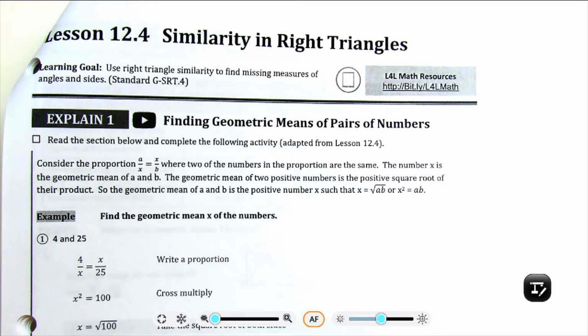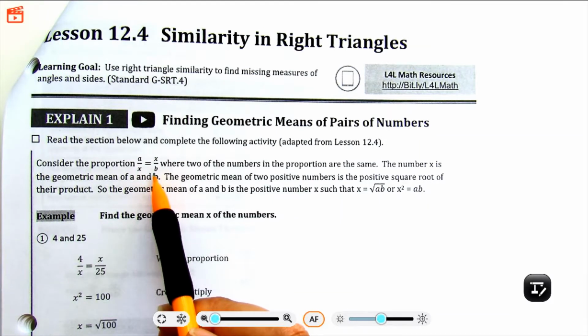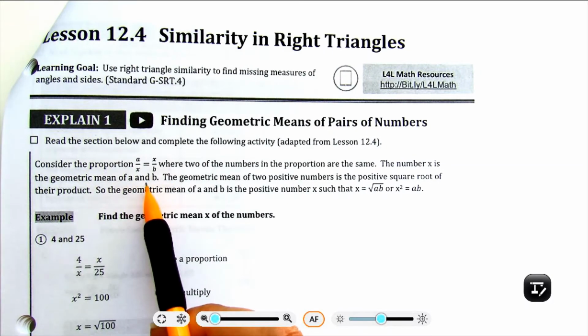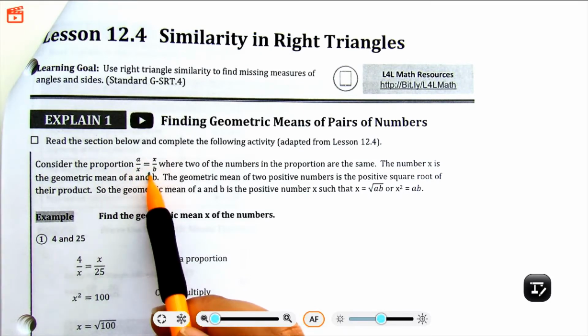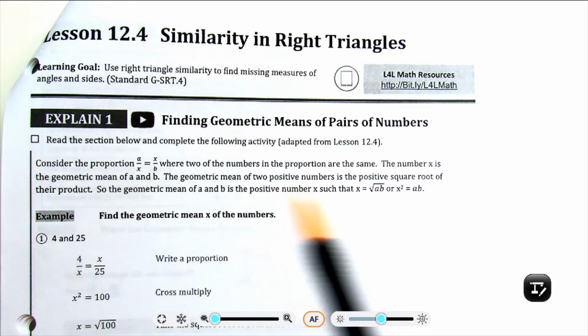To start off, let's talk about the proportion a over x equals x over b, where a and b are numbers. x is the geometric mean of a and b. If I was to cross multiply a times b and x times x, I would get x squared equals ab.